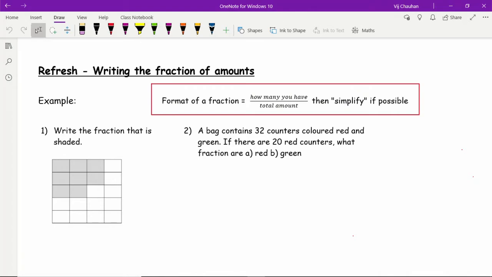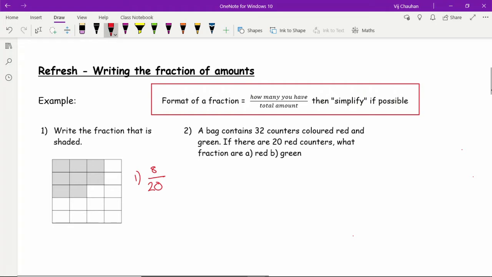An example of this type of question, as you can see in question 1, says write the fraction that is shaded. Here we can count 1, 2, 3, 4, 5, 6, 7, 8 that are shaded, and a total of 20 squares. So 8 over 20 is the fraction that is shaded.